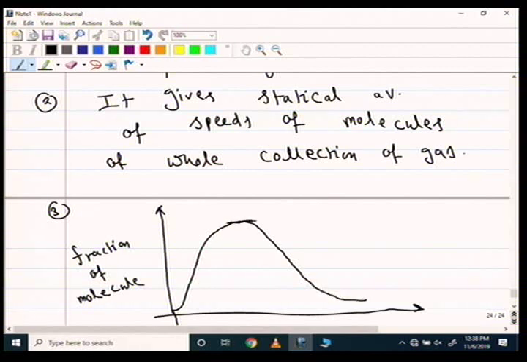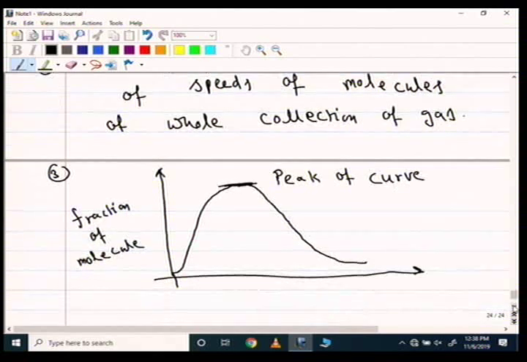This is the peak of curve. Copy. This peak of curve represents the most probable.